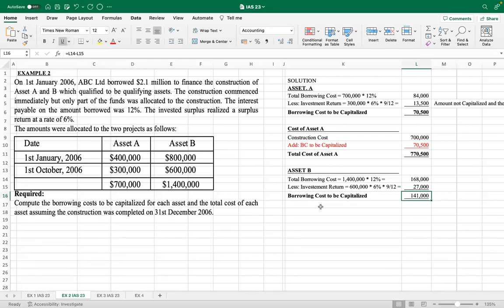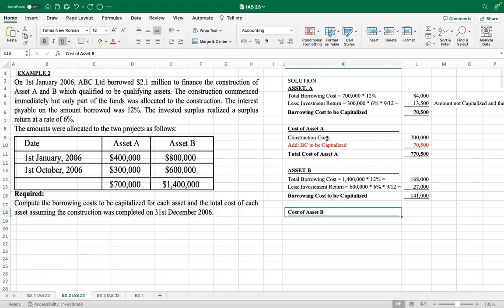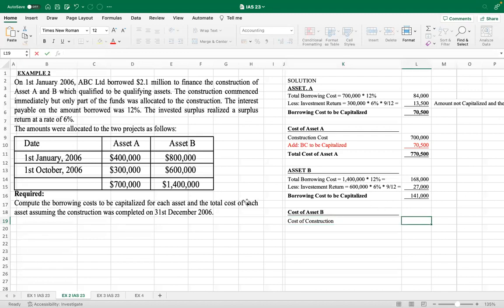Okay, now we need also to calculate the cost of asset B. Now, the cost of asset B is the cost of construction, which is 1.4 million.